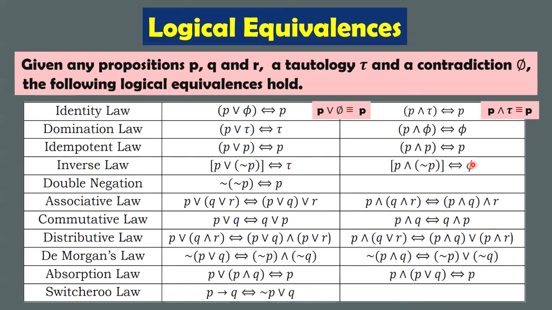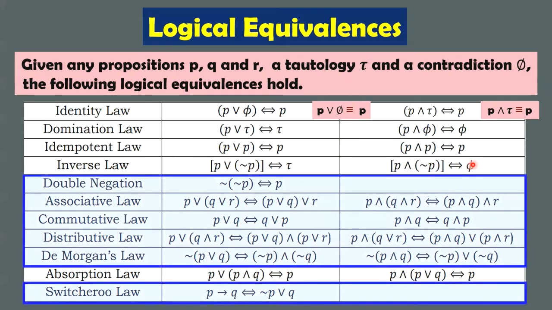Actually, in this table, ito yung mga madadali at palaging ginagamit. You have double negation. So, not, not. So, it's like negative times negative, positive P. Parang ganun lang din yon. Associative law, do not forget that kapag lang nag-change yung groupings.